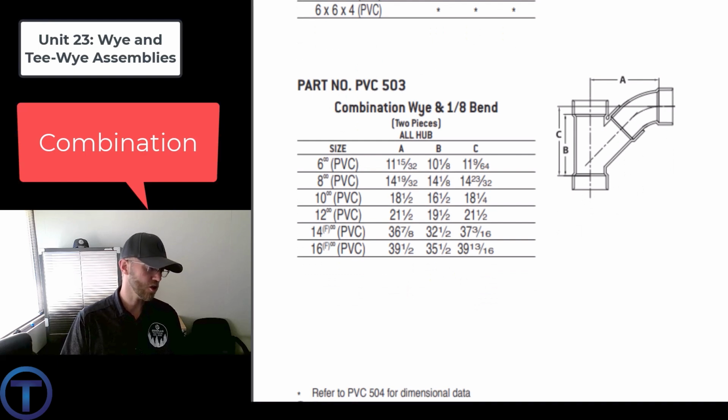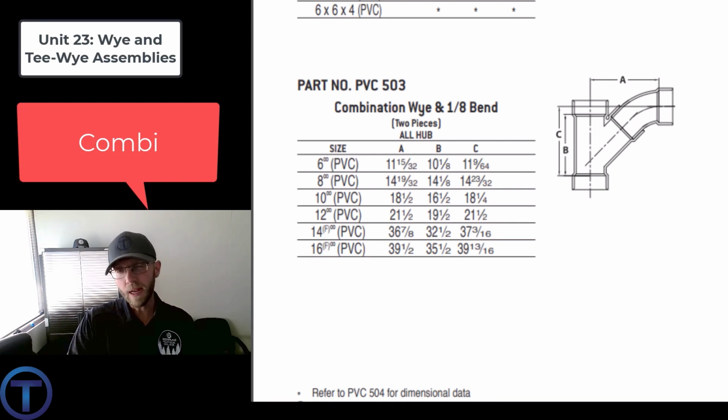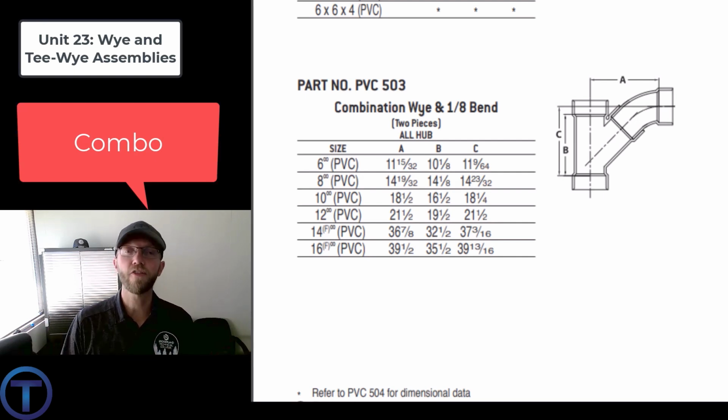There's a diagram that shows a Y and an eighth bend, and you put those two together and you get a long sweep that creates a 90-degree inlet, and we call it a combination fitting. Some people will call it a combi. Sometimes they'll call it a combo. You know, like you go to the restaurant and you order a combo meal. Well, these are the terms that are commonly used in reference to this fitting.